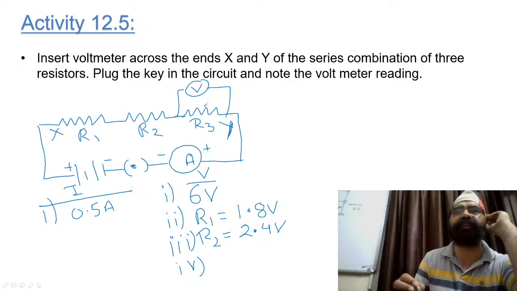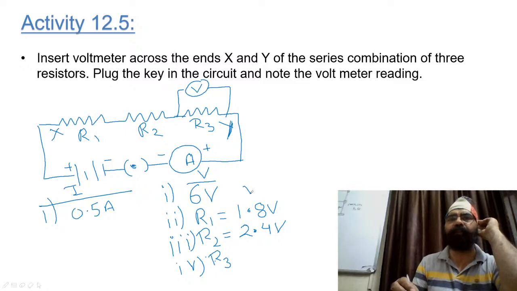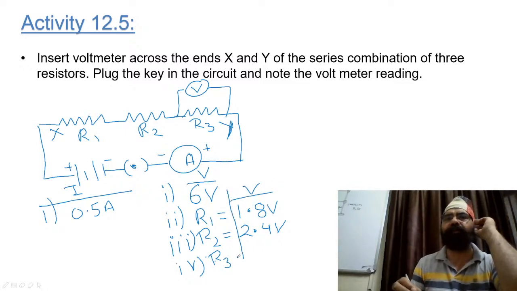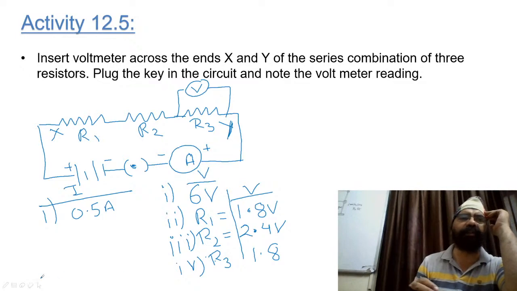Across the ends of the third resistor, this is giving me the potential difference. We could have made it slightly different. Wait, I'll change one so that you know that they have to be different.